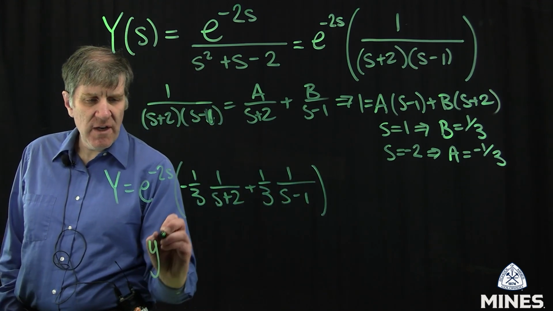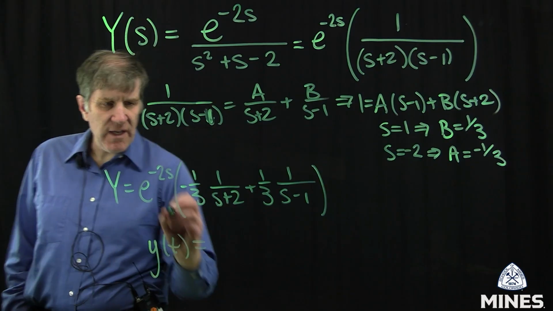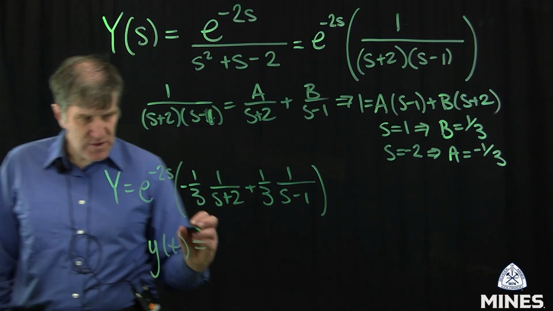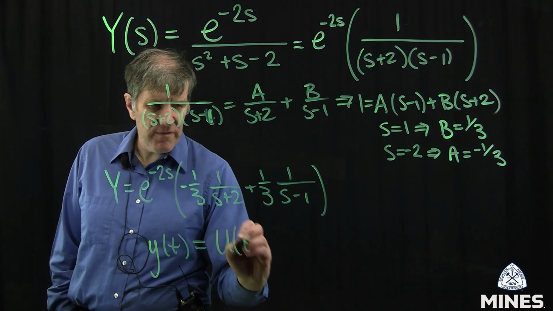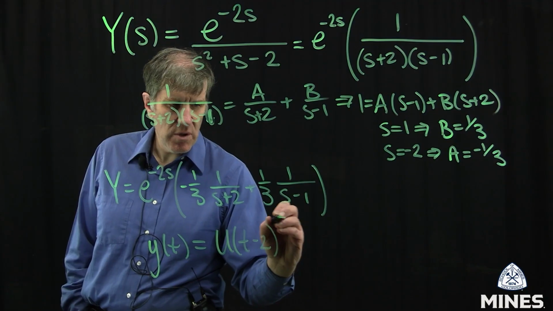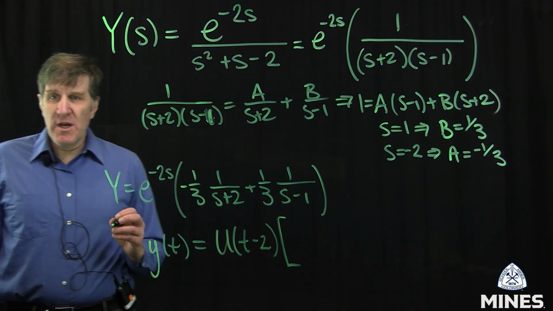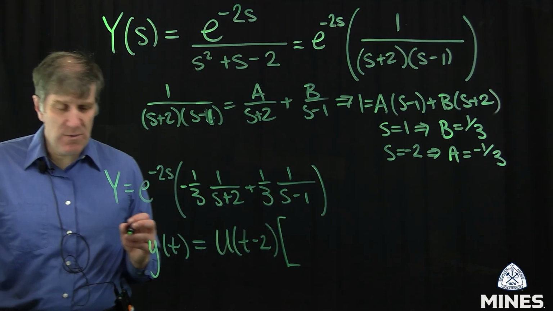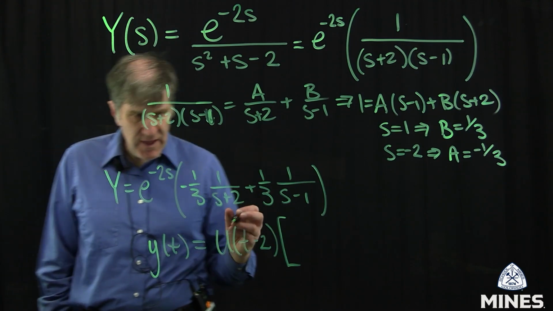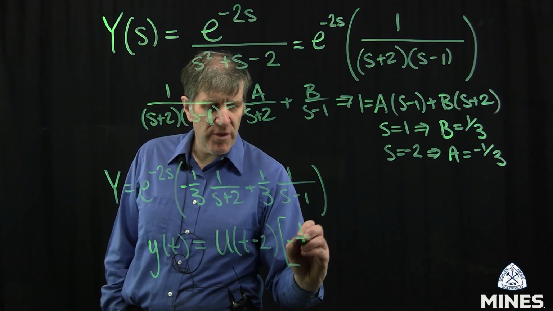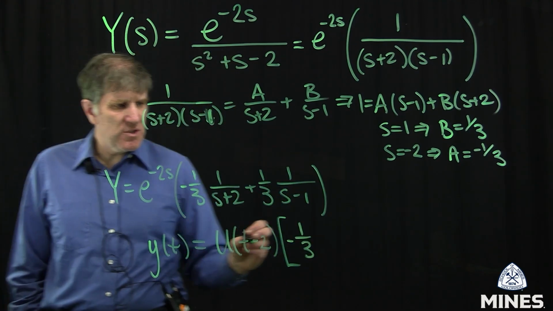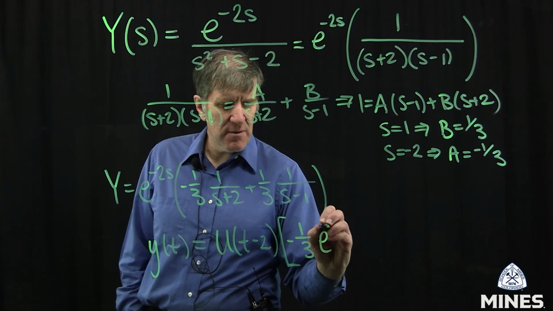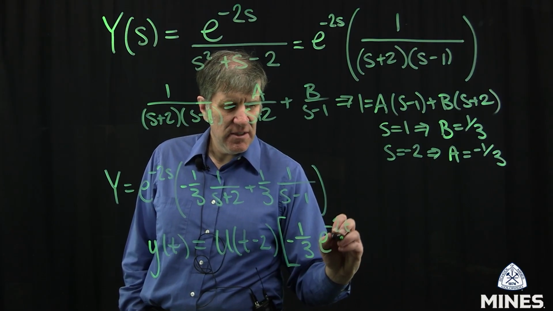We say y of t, and this exponential is going to become u of t minus 2. It becomes a step function, u of t minus 2. And then the inverse is 1/3 times... 1 over s plus 2 inverts to e to the minus 2t.